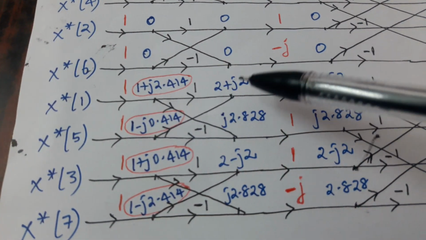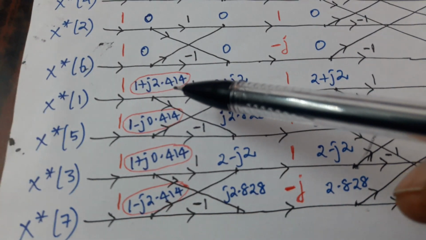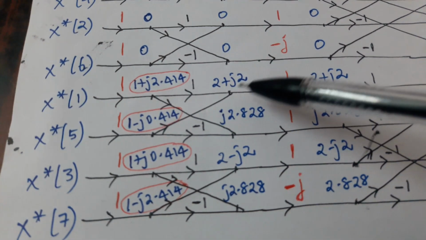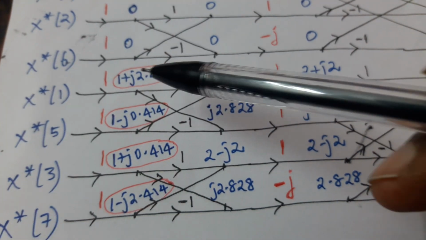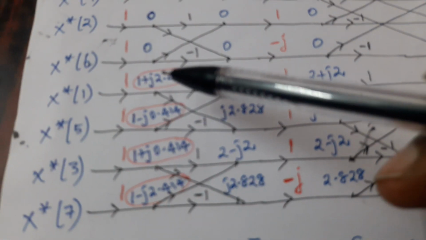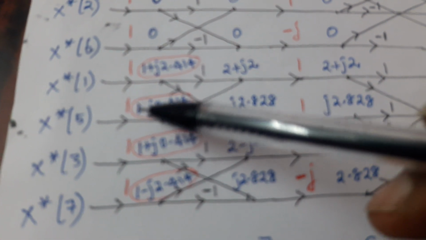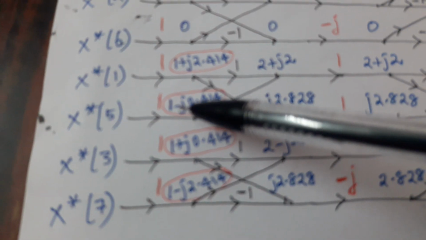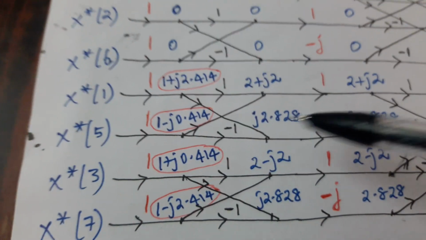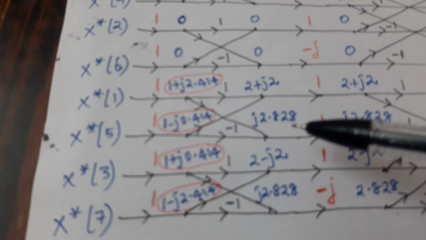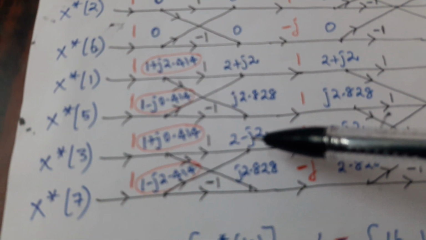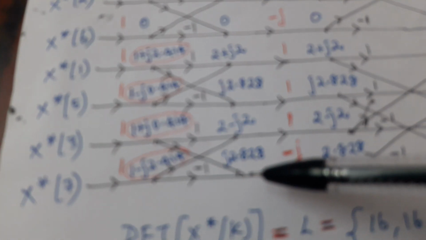So 1 plus 1 will be 2, and j 2.4 minus j 0.4 will be j2. Clear? Then this point is a minus b. When you do minus b, 1 minus 1 will be 0, and this minus will become plus. So j 2.4 plus j 0.4 will be j 2.828. Similarly, calculate this. This is a plus b, and this is a minus b.